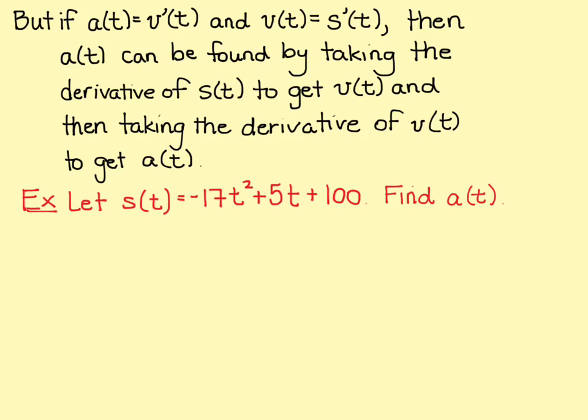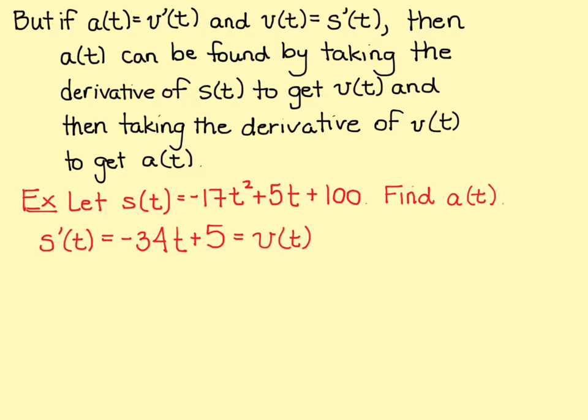So if s of t equals negative 17t squared plus 5t plus 100, let's find a of t. S prime of t, we now are pros at. We bring the 2 out front from the negative 17t squared to get negative 34t, plus the derivative of 5t is 5, and the derivative of 100 is 0.